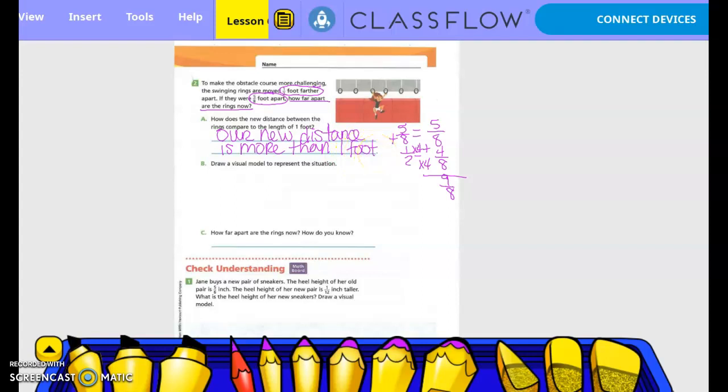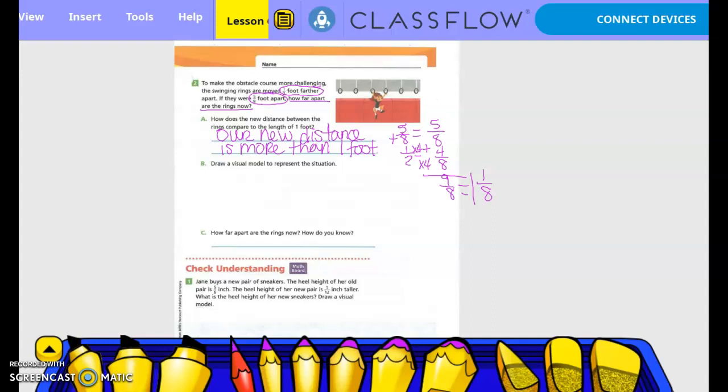Because, can we leave that as an improper fraction? No, we need to simplify it, right? So 8 goes into 9 how many times? Once. Because this fraction bar also means division, correct? Okay, so it goes in there once. 1 times 8 is 8. 9 minus 8 is 1. So, and you keep your same denominator, right?